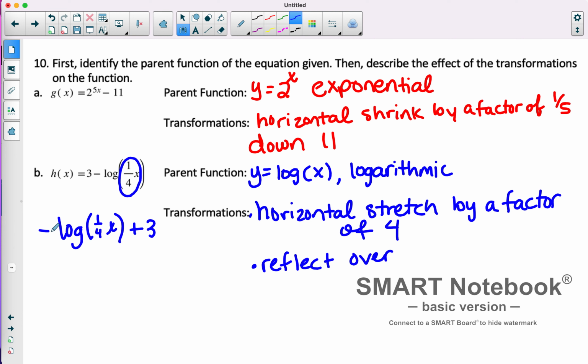Since it's a negative outside of the function, it's affecting our outputs, which are our y values. So the y values are reflected over the x-axis. The plus 3 is just up 3. But it is done in a specific order.